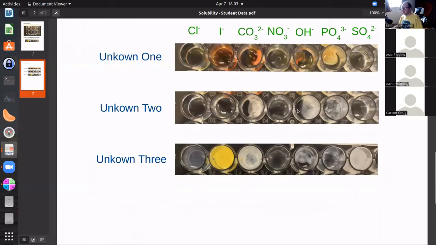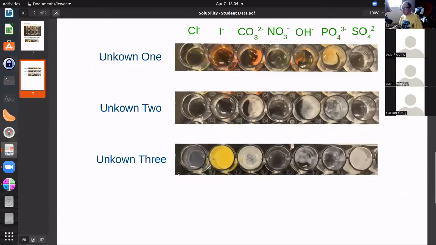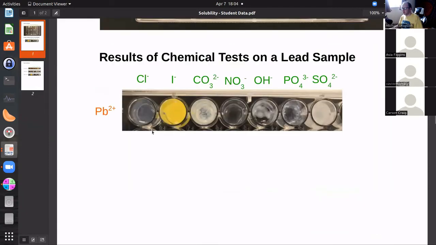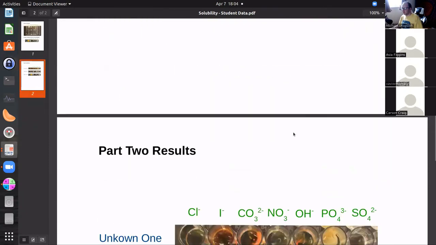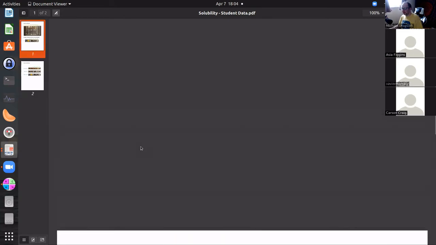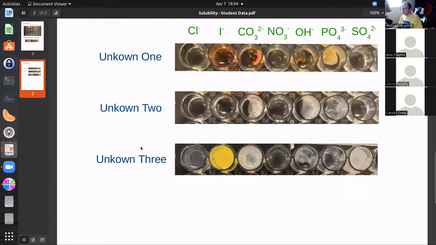And then you come down here and you take a look at the different unknowns that you got and you decide which one of these is the same as the lead based on the results that you got. And it's pretty obvious it's number 3 because that's the one that looks like that picture, because it's pretty much the same picture. It doesn't translate great to virtual, but that's pretty much it.